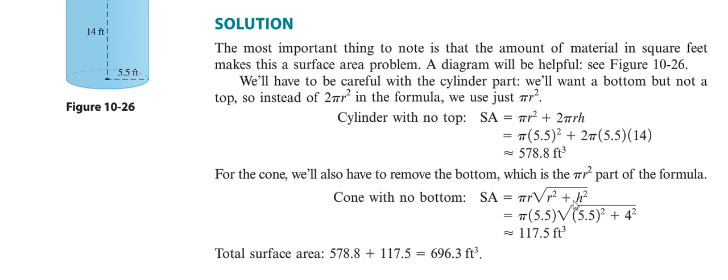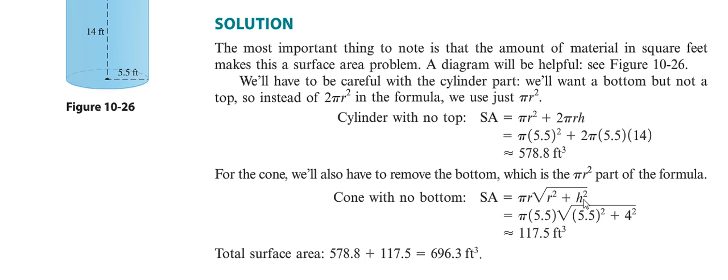So we just plug in the numbers for the cone. For the cone, the radius is 5.5, so we substitute that in for r. And for the cone, the height comes from the apex and is perpendicular to the base. But it's not the slant height, but the perpendicular height.